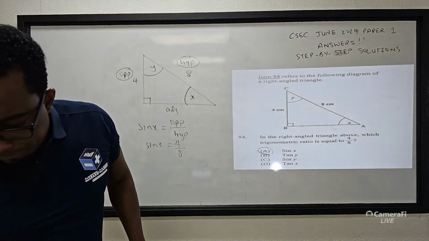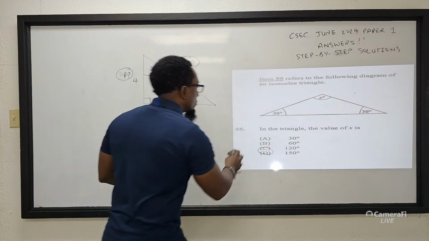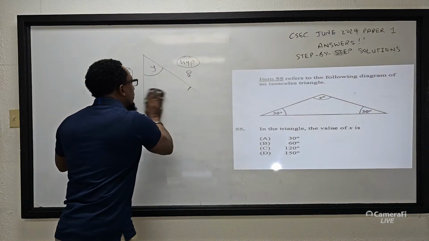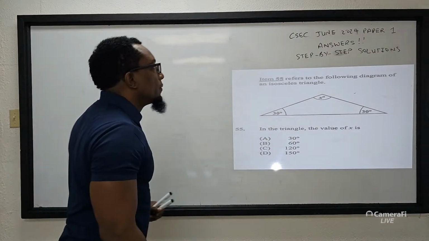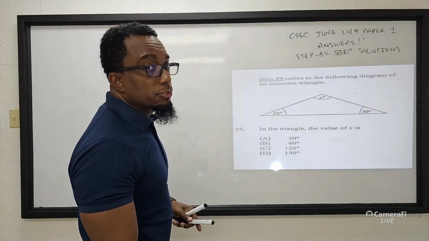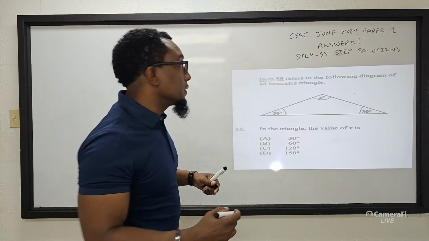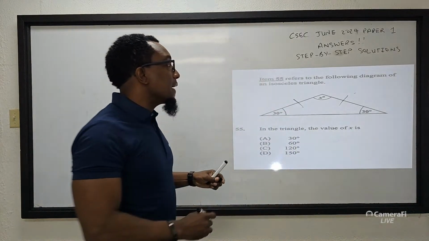Alright, let's look at 55. 55 refers to the following diagram of an isosceles triangle. In the triangle, the value of x is, you know, for an isosceles triangle, two sides are equal and two base angles are equal.